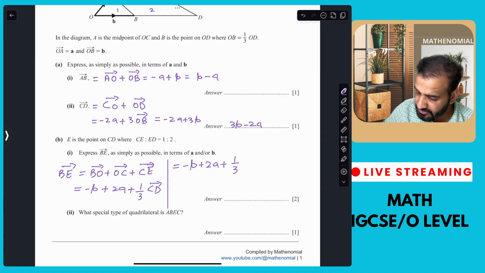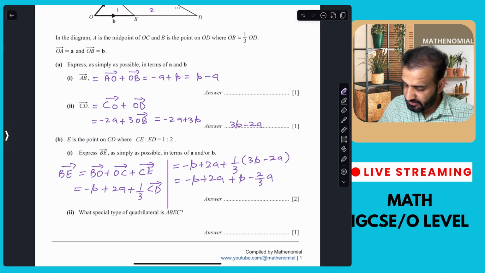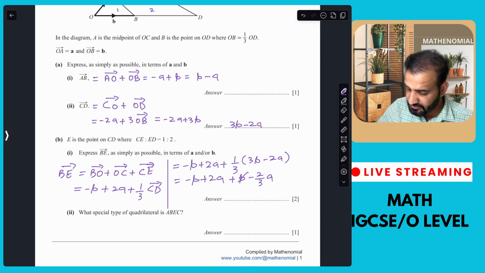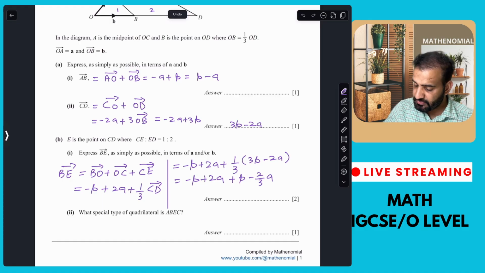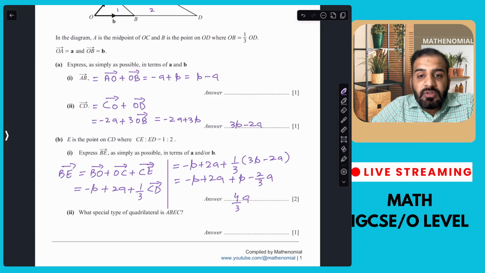CD was 3b minus 2a, so minus b plus 2a plus b minus 2/3 a. So b will cancel out, and 2 minus 2/3 gives 4/3. a is my final answer. So BE is 4/3 a.